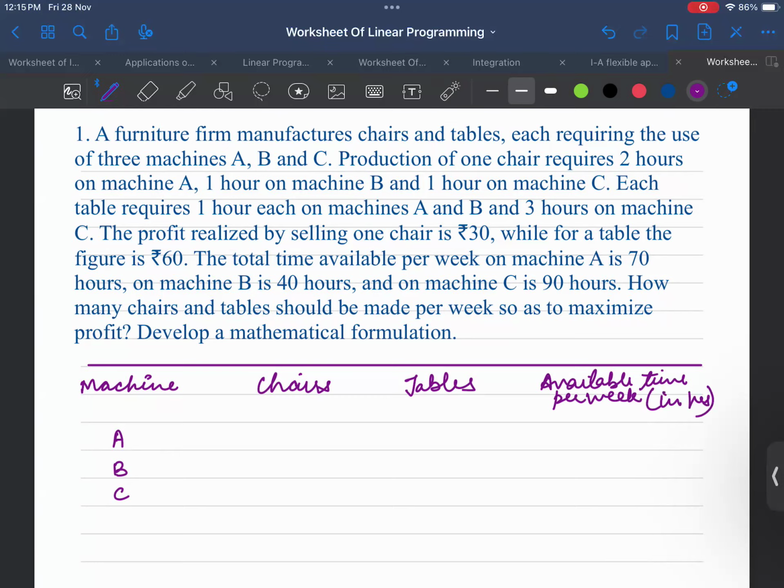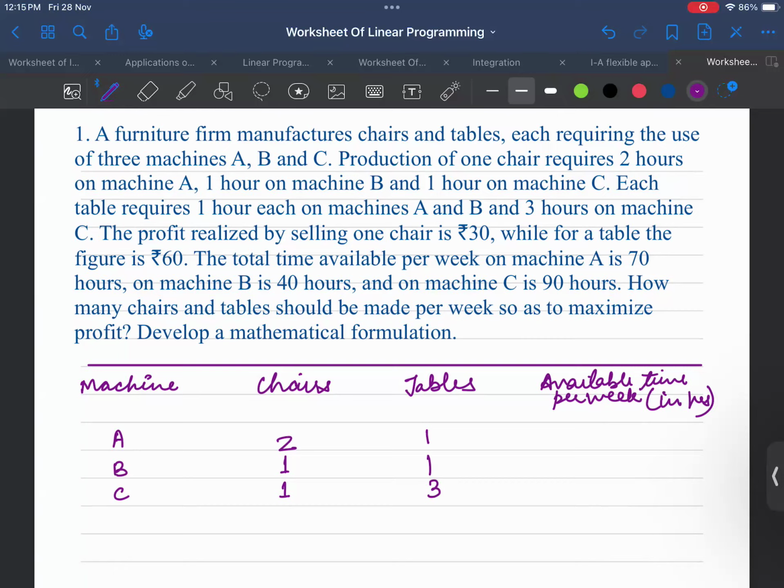Now write down the things, whatever is given. Production of one chair requires 2 hours on machine A, and 1 hour on machine B, and 1 on machine C. Each table requires 1 hour on machine A and B. Sorry, 1 on B and 3 hours on machine C. This is given, right?